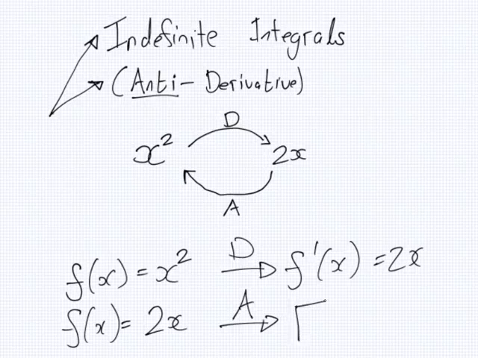Capital F, yes. So that would be like this. And this would be common notation in books. To represent that the function has been anti-differentiated, we usually capitalize the letter.